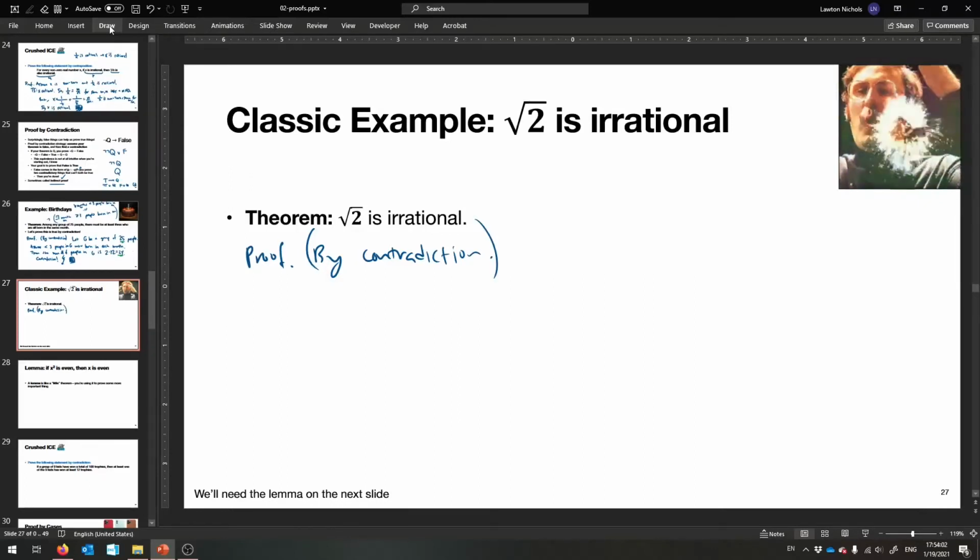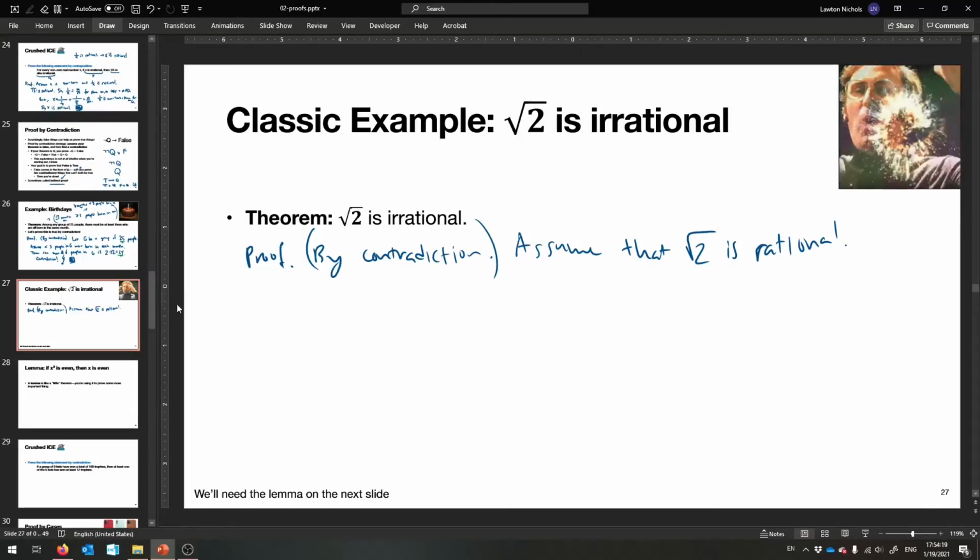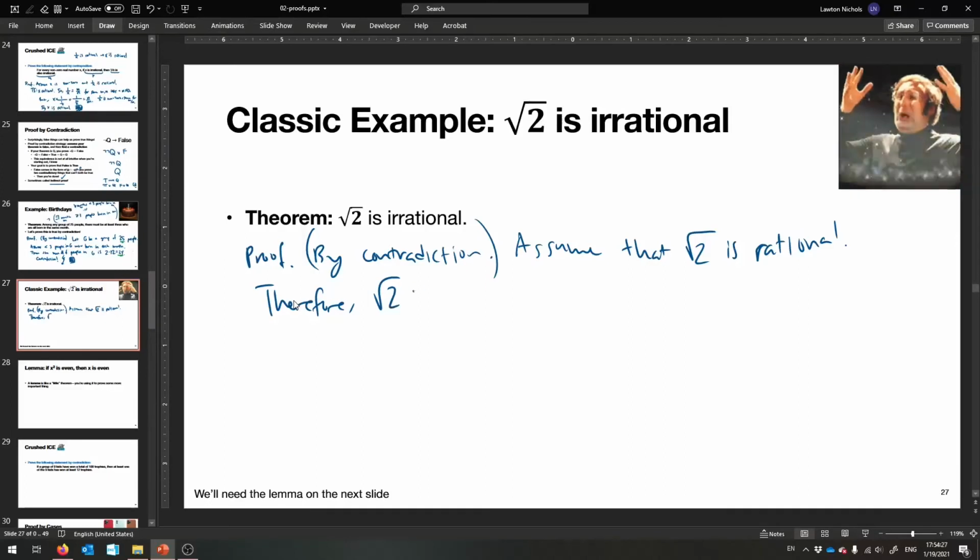And so what we're going to say is assume that square root of 2 is rational. That's the opposite of this entire theorem. Assume that square root of 2 is rational. Now using our definition of rational, we can say that therefore, square root of 2 equals a over b for some a and b.